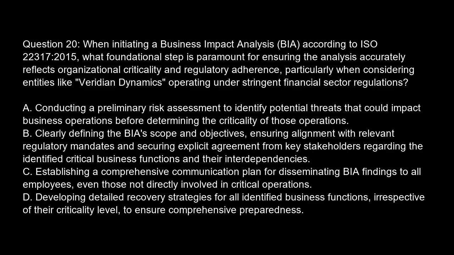Option C. Establishing a comprehensive communication plan for disseminating BIA findings to all employees, even those not directly involved in critical operations. Option D. Developing detailed recovery strategies for all identified business functions, irrespective of their criticality level, to ensure comprehensive preparedness.